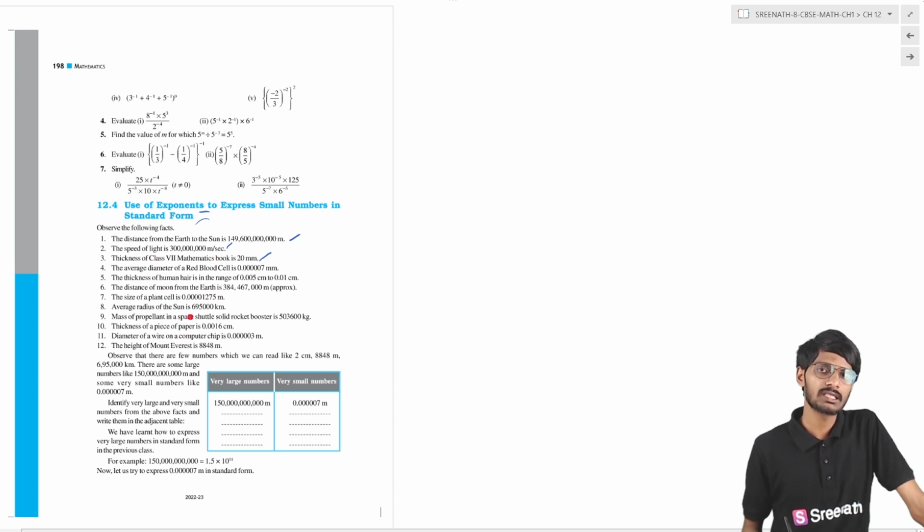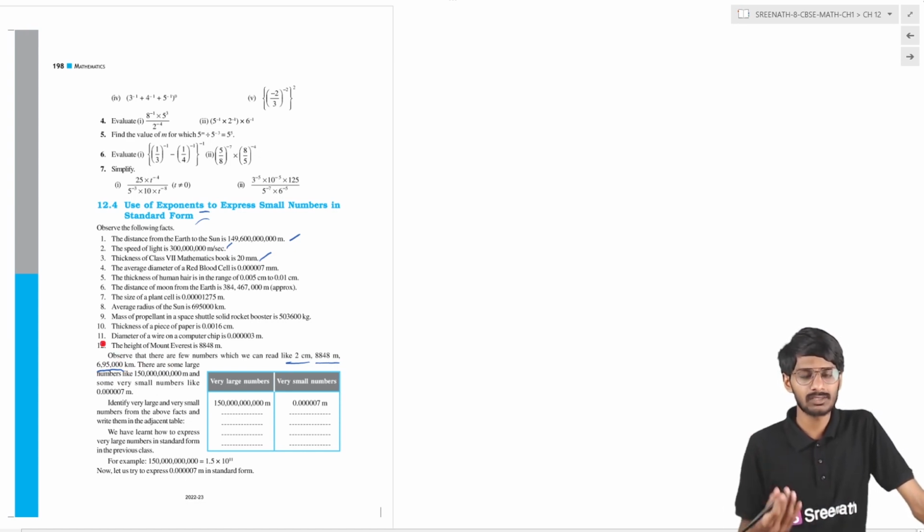So by observing all these numbers, we can say that there are a few numbers like 2 centimeters, 8,848 meters and 6,95,000 kilometers. We can read them, we can call them. But there are numbers like this that we can't speak or count. It takes some time.